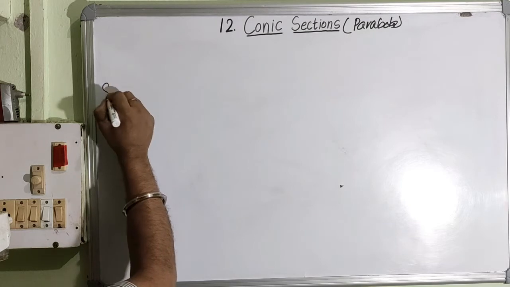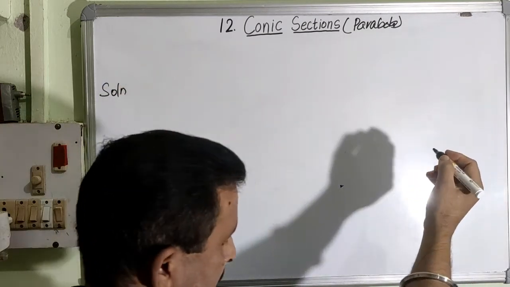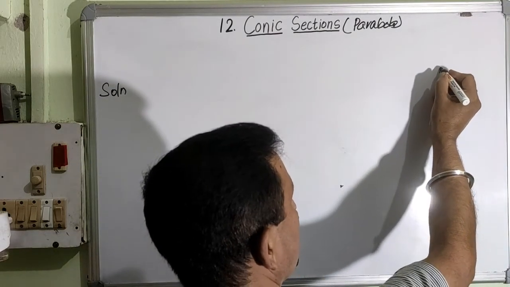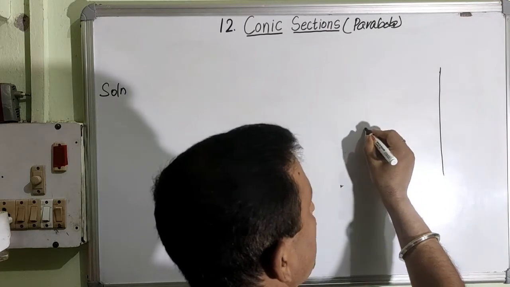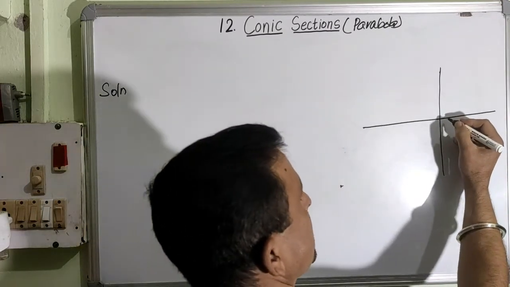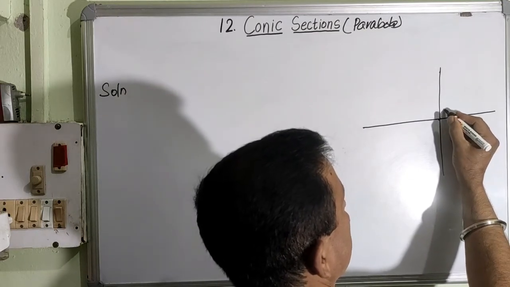Now let us draw a coordinate system, because the vertex is said to be at the origin, right? So this is the vertex of your parabola, and the coordinate of this point will be 0, 0.